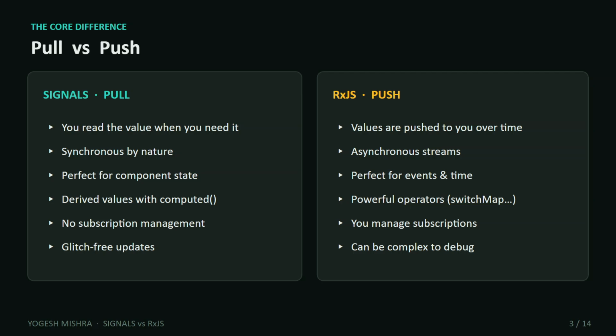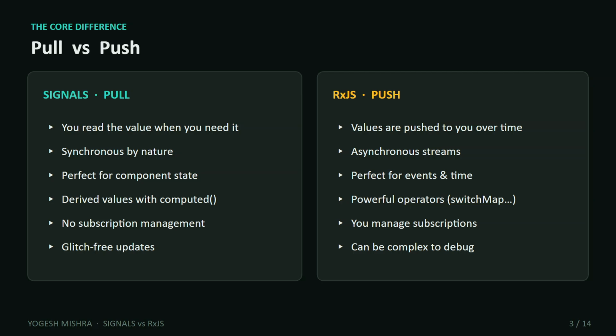The most important idea to understand is this: signals are pull and RxJS is push. With signals, you read the value only when you need it. They are synchronous by nature, which makes them perfect for component state. You can easily create derived values using computed, and you never have to manage subscriptions. On the other hand, with RxJS, values are pushed to you over time.